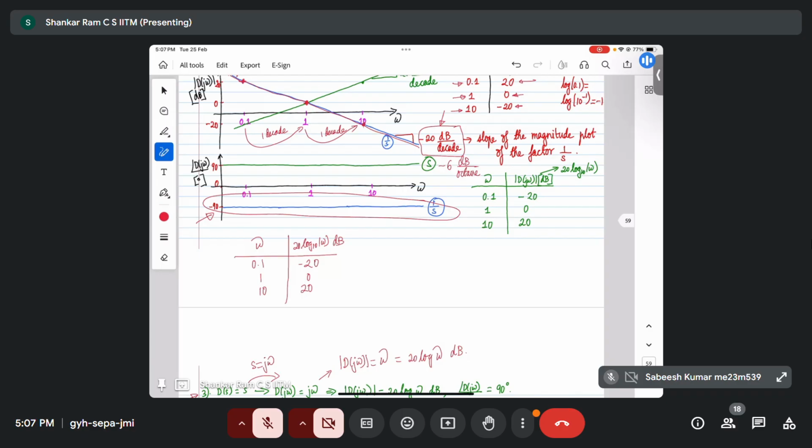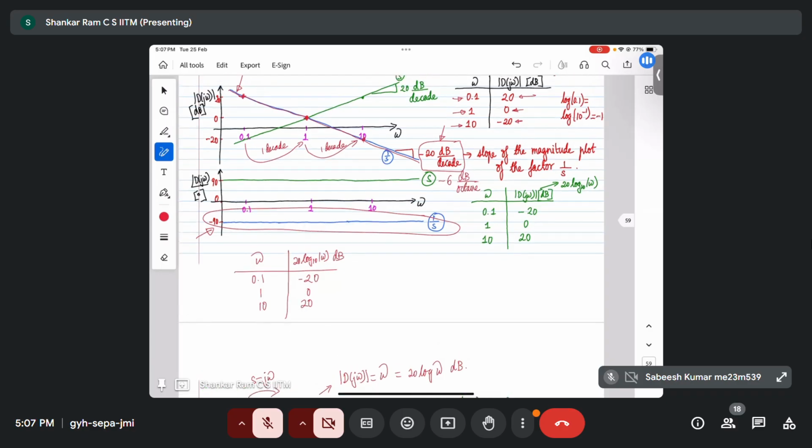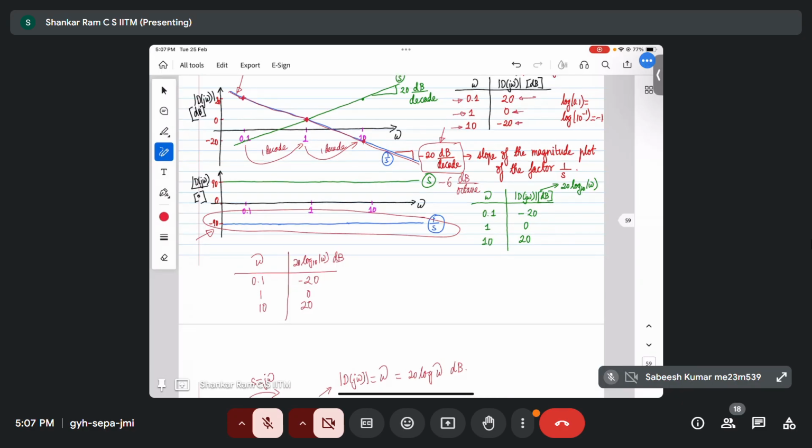So we can observe that this is exactly the mirror image of what we learned yesterday for 1 by s. So between s and 1 by s there is some sort of reflection happening as far as the magnitude curve is concerned, right? So if we look at this particular plot, at 0.1 it's minus 20, at 1 it becomes 0 decibels, and at omega equals 10 it becomes 20, right?